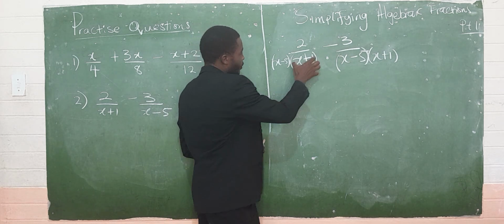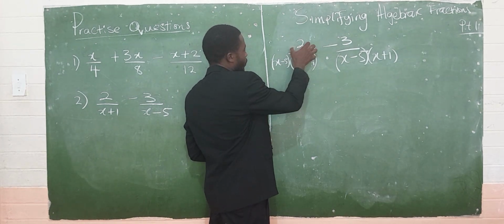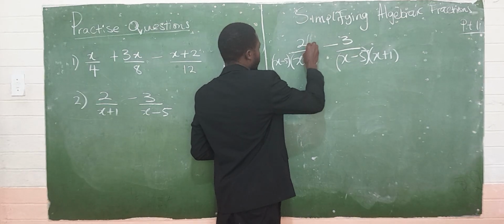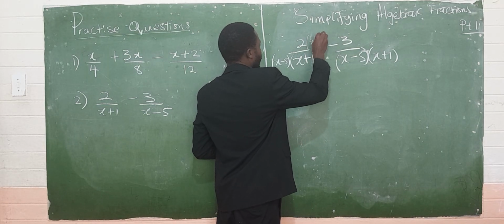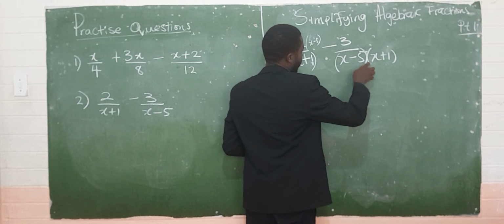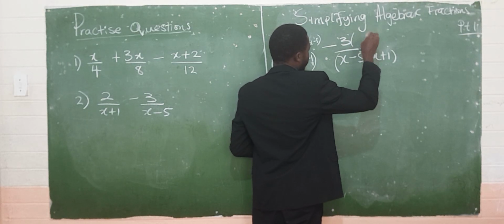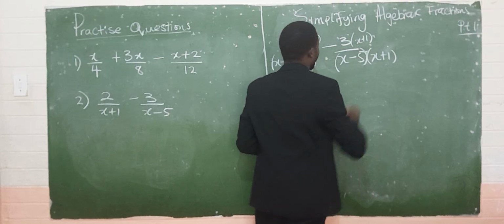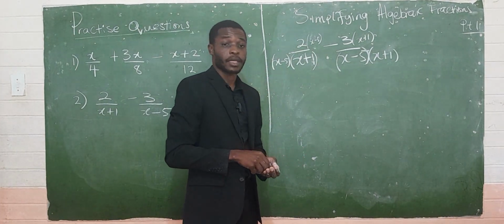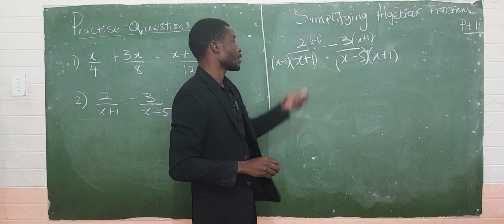But remember, since I multiplied this by this, the numerator also has to be multiplied by the same thing. So I'm going to go ahead and multiply the numerator by x minus 5. And since I multiply the denominator by x plus 1, I'm also going to multiply by x plus 1 right there. Now that I have the same denominator, I can perform subtraction of these fractions.